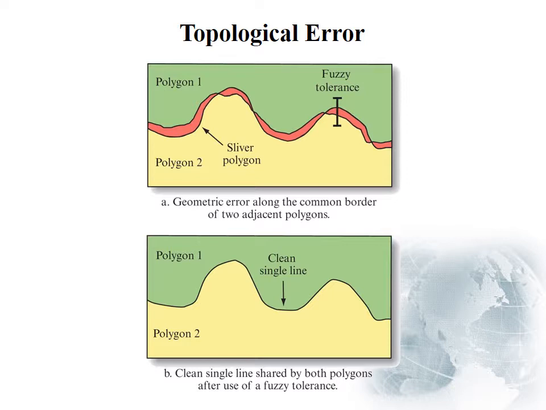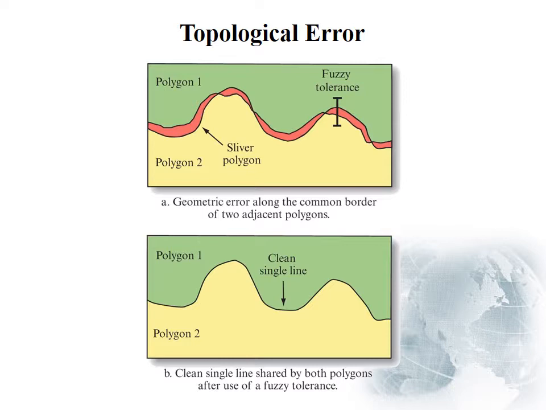Well, you can apply a fuzzy tolerance setting to that work and then get rid of all the sliver polygons that don't mean anything. In this case, these are digitizing errors that were introduced by the human doing the work, and they don't have a bearing on anything in reality. They don't exist out there in reality. So we want to get rid of them.